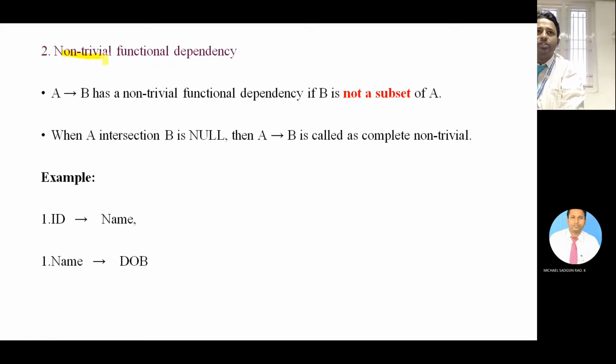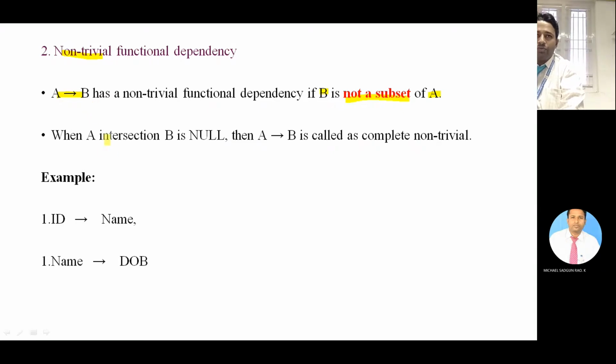Then non-trivial. If the dependent is not a subset of determinant, then it is a non-trivial functional dependency. Suppose A determines B. If B is not a subset of A, then the functional dependency from A to B is non-trivial.